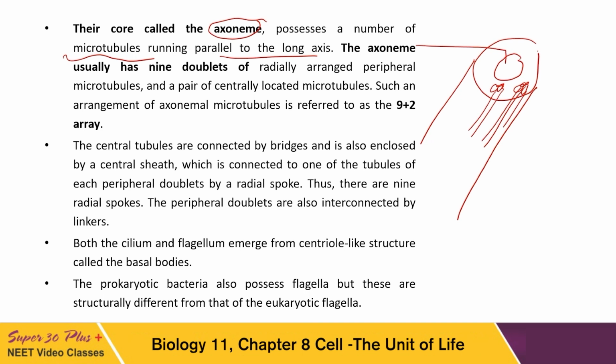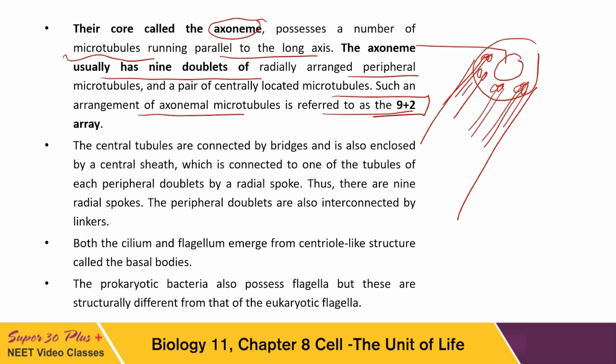The axoneme usually has 9 doublets of radially arranged peripheral microtubules. As I told you, this is 1, this is 2, the third one, the fourth one. All these are lying parallel to the long axis. Such an arrangement of axonemal microtubules is referred to as the 9+2 arrangement.